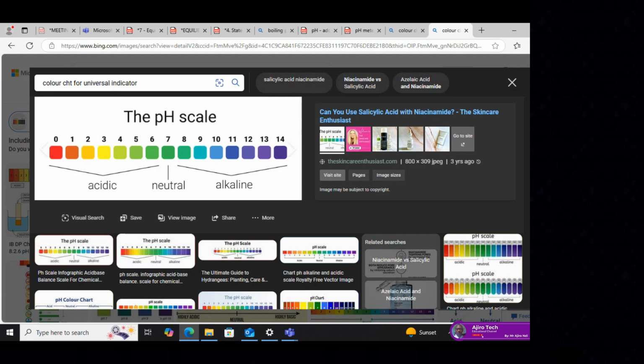Strong acid is red. What about weak acid? Orange or yellow. What about neutral? Neutral is green. And weak base, blue. You have to remember those colors in your GCSE.